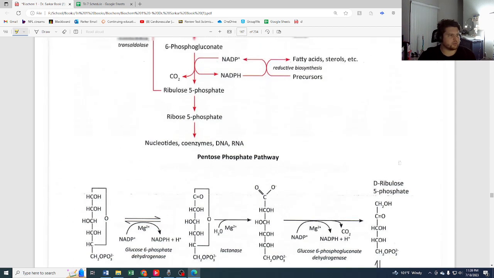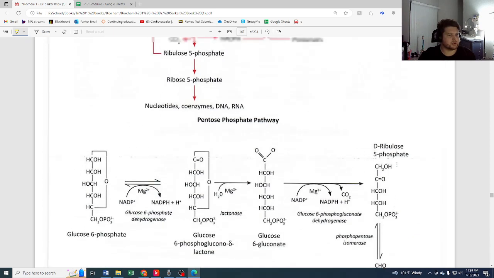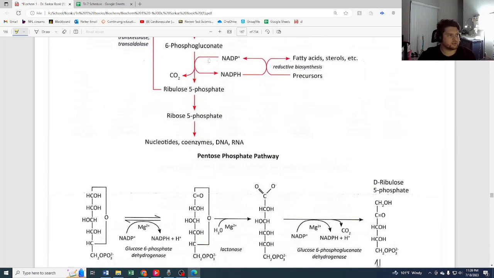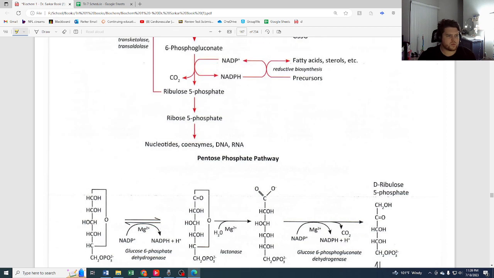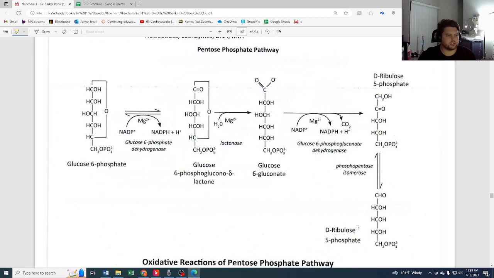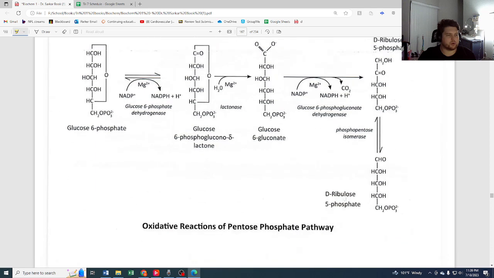So we see here, we get the 6-phosphogluconate converts to ribulose. This down here should be ribose 5-phosphate, not ribulose. Ribose, little typo there. Thought that looked weird.